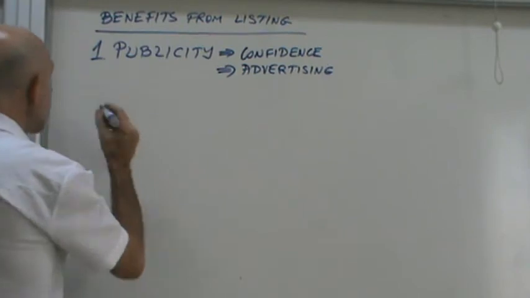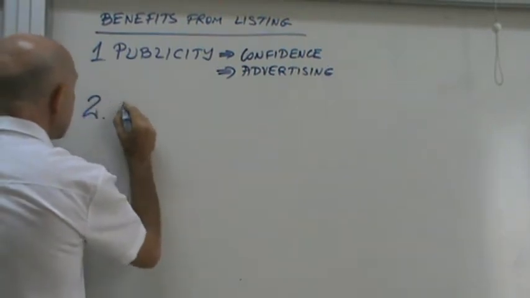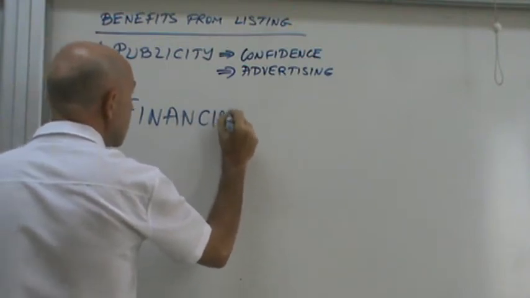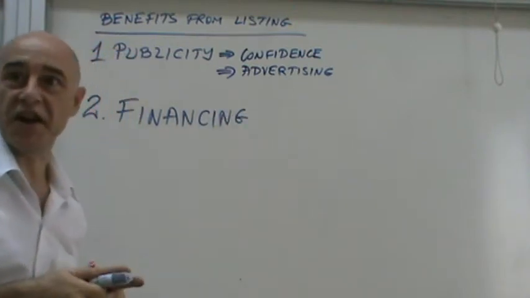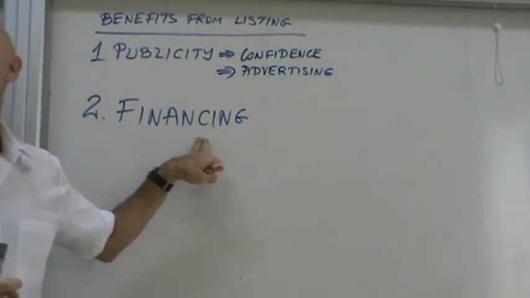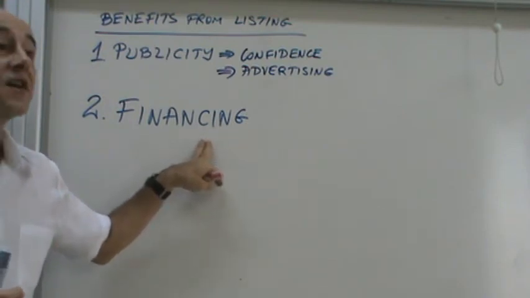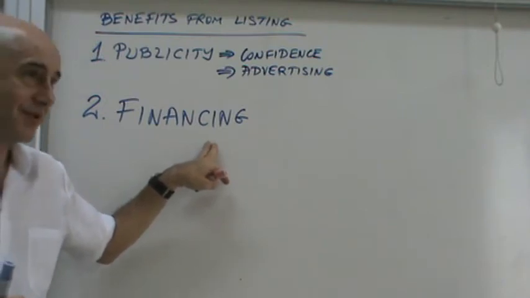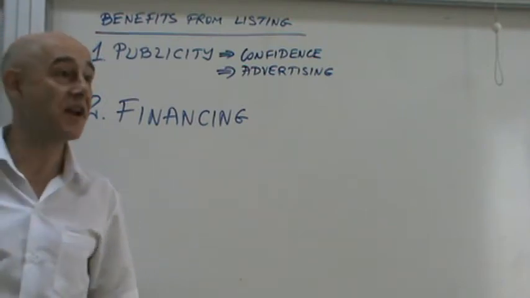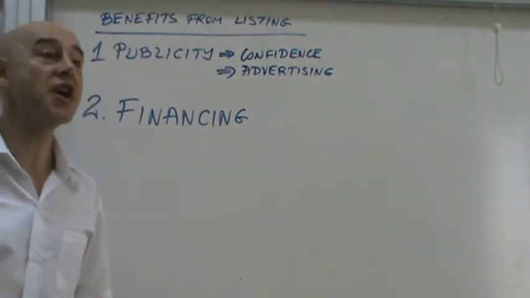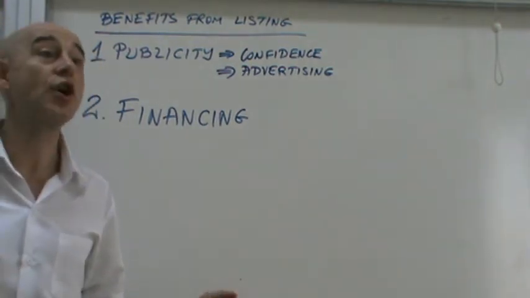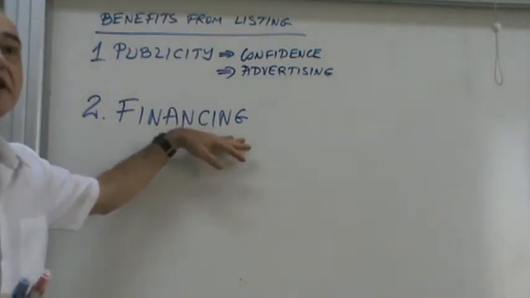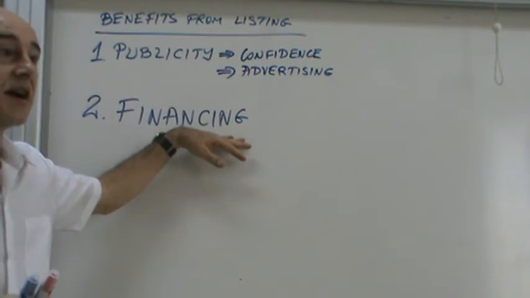The second biggest one is, of course, the primary reason. Financing, meaning access to funds. It's easy to raise capital. You want $20 billion? You can sell shares, maybe for $1 billion, maybe for $20 billion. So the primary reason is financing.